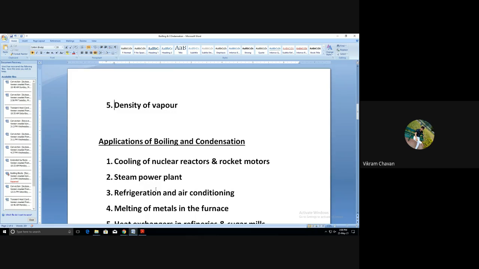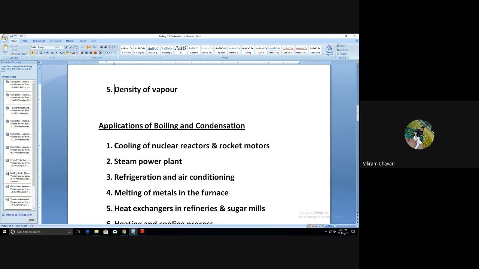Then what are the different applications of boiling and condensation? We know the nuclear reactor, where a large amount of heat is generated, and at an instant we have to remove that heat to reduce the damage to the plant. Then the rocket motors. If you watch the launching of any rocket, you come to know that continuous gas is coming out of the rocket before the start.